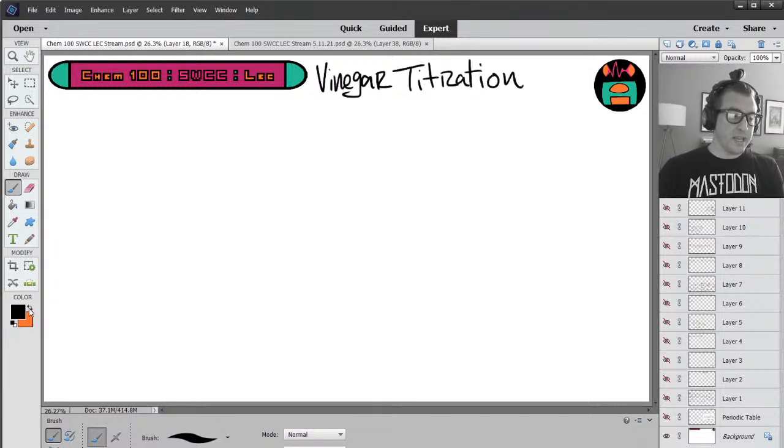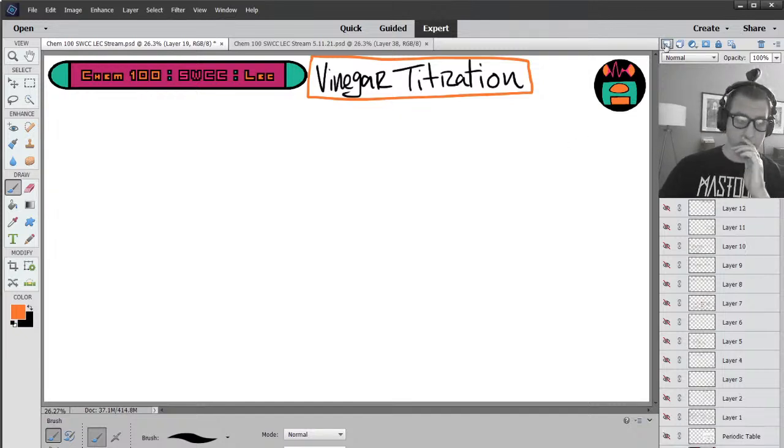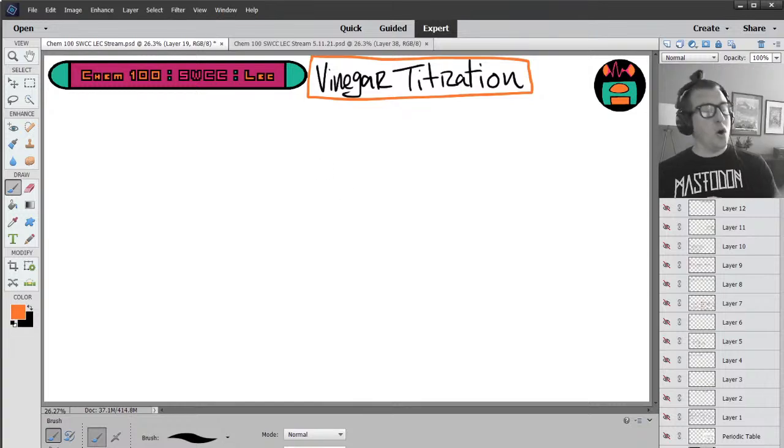And this is going to be the titration of vinegar with our standardization of sodium hydroxide. Okay, no, totally no worries.